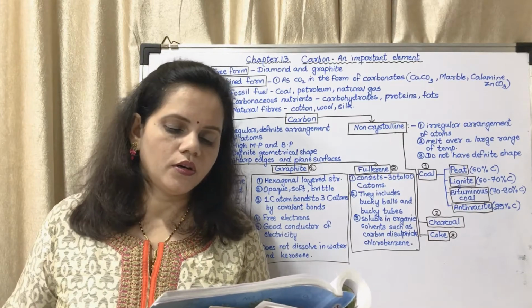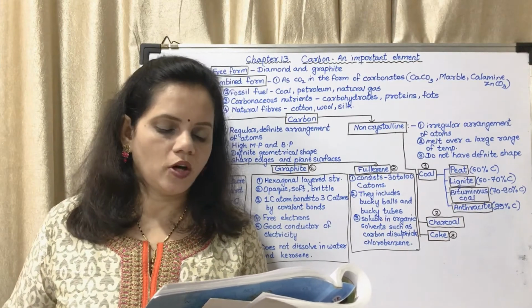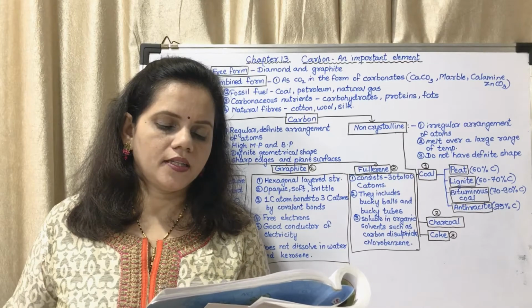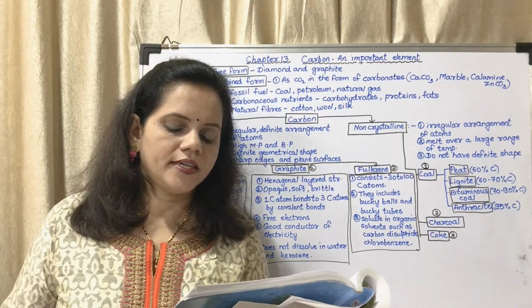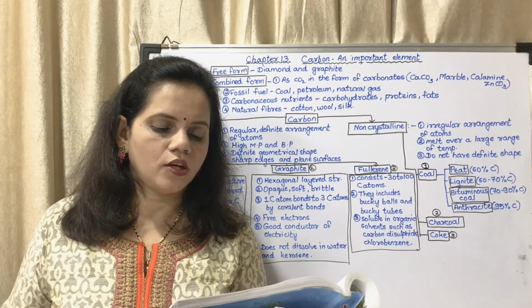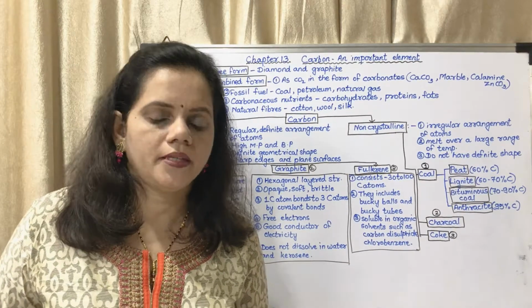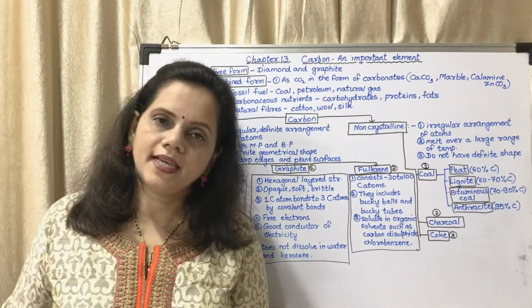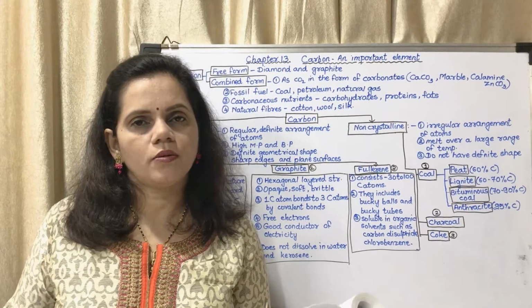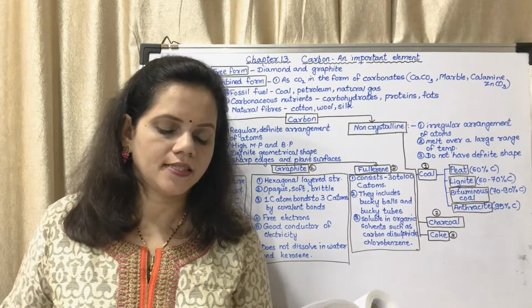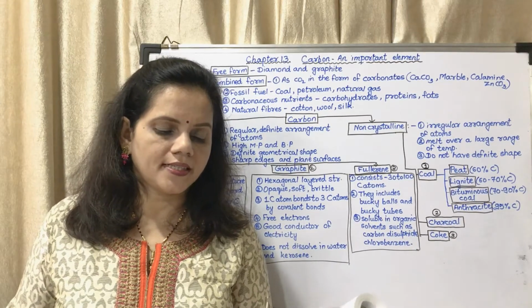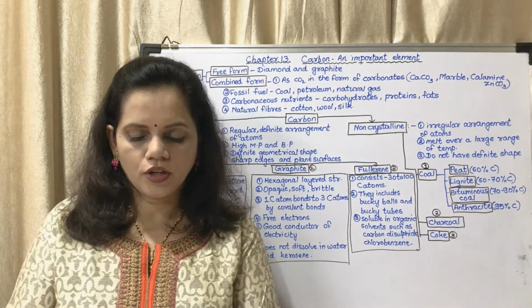Harold Kroto, Robert Curl and Richard Smalley were given the Nobel Prize in Chemistry in 1996 for the discovery of this carbon allotrope, fullerene C60. Besides C60, C70, C76, C82 and C86 are other examples of fullerene.